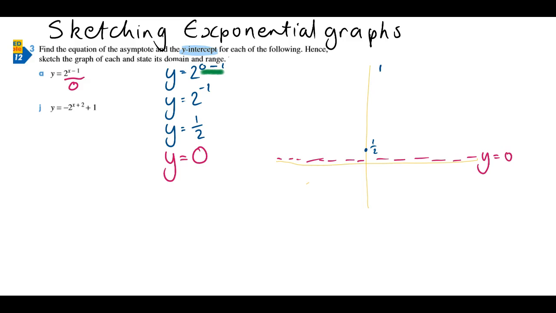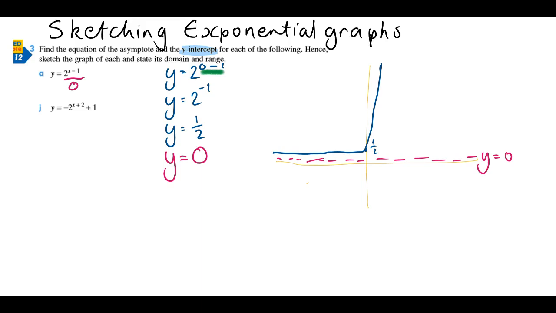Then as x gets really small in the negative, it's going to hit that asymptote. So it's going to look like that. And that's 3a.